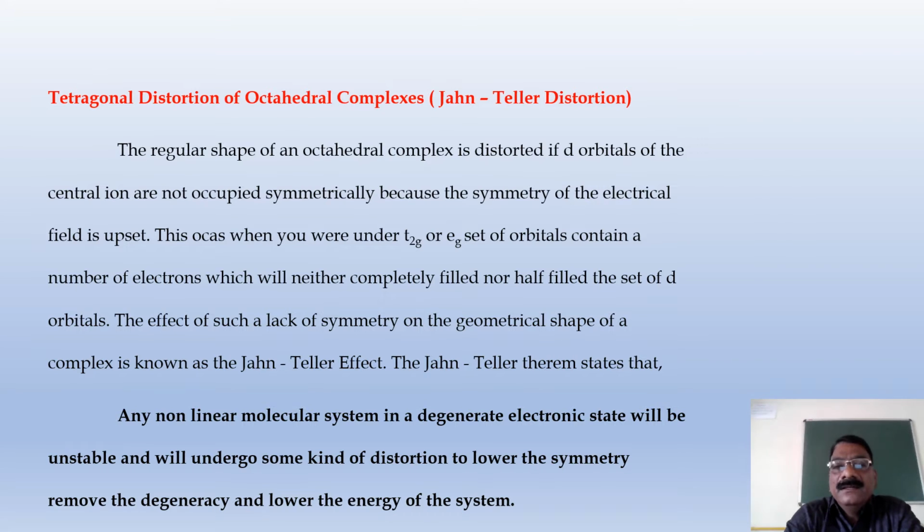The Jahn-Teller theorem states that any non-linear molecular system in a degenerate electronic state will be unstable and will undergo some kind of distortion to lower symmetry, remove the degeneracy and lower the energy of the system.